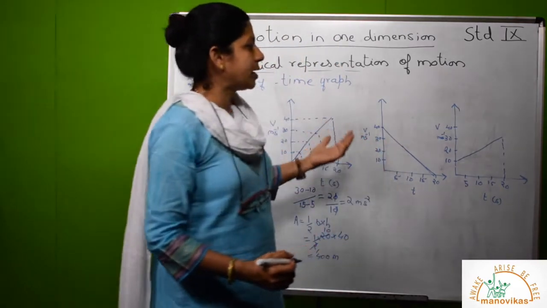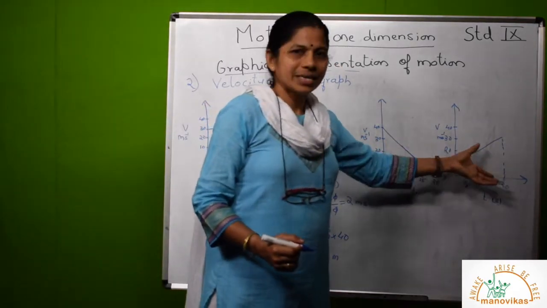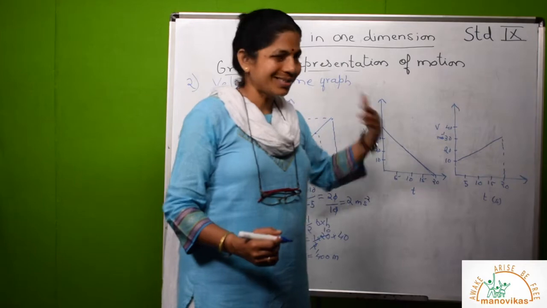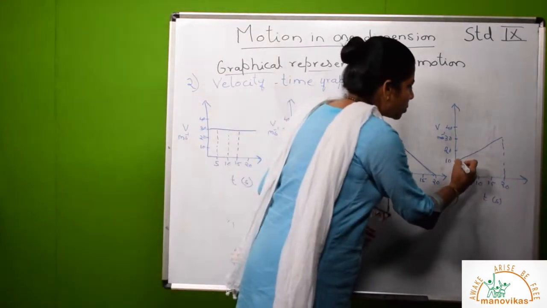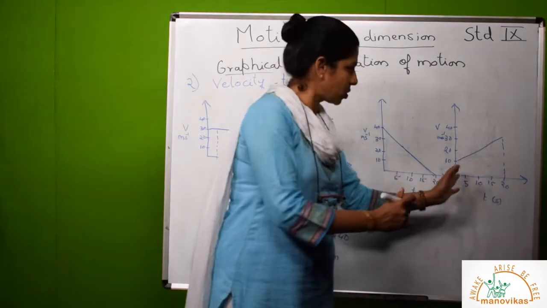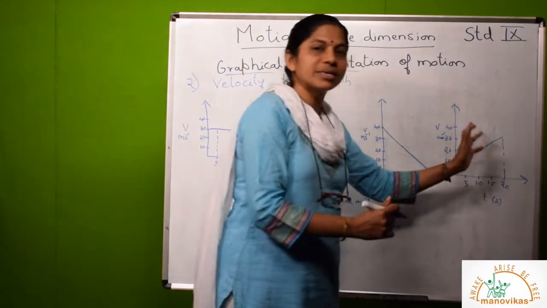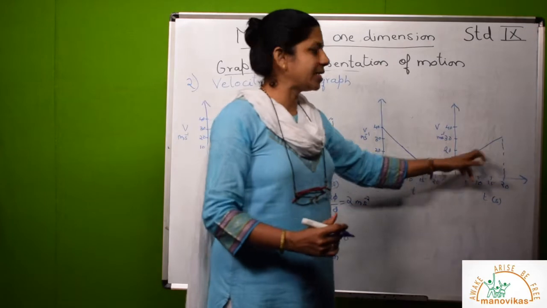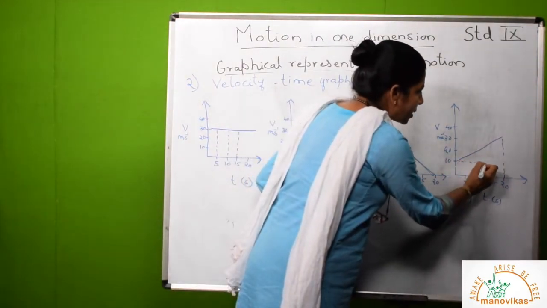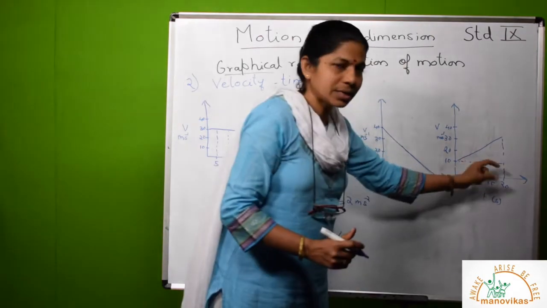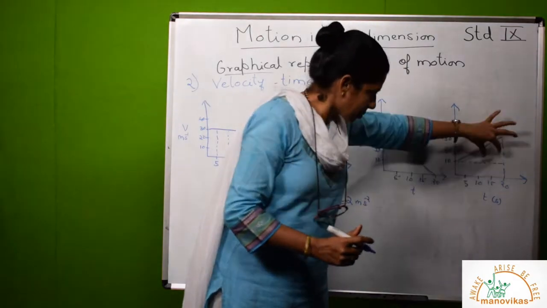Now how do you find the area of such a graph to find the distance covered? You can use the trapezium because this figure resembles a trapezium, or you can divide it into two parts, a rectangle and a triangle.